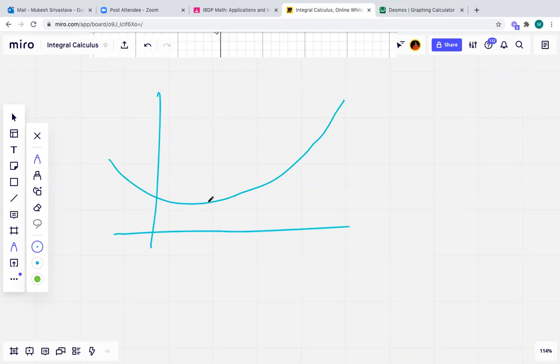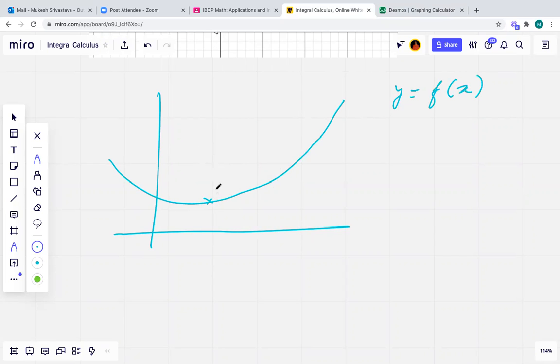I have a point A comma B, or y equal to f of x.